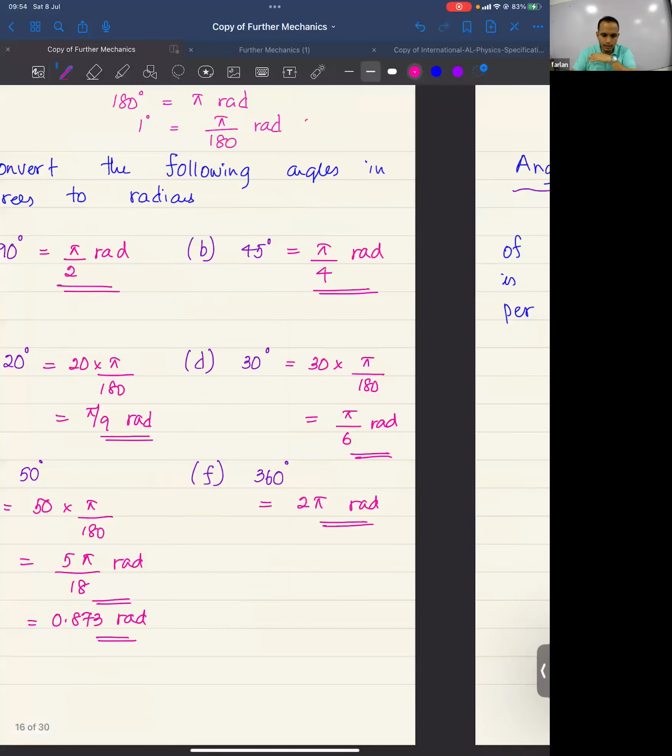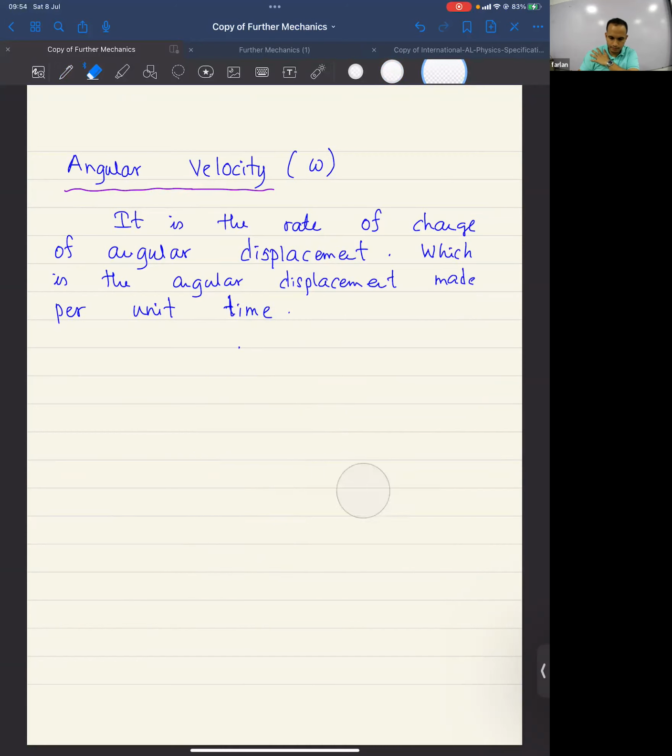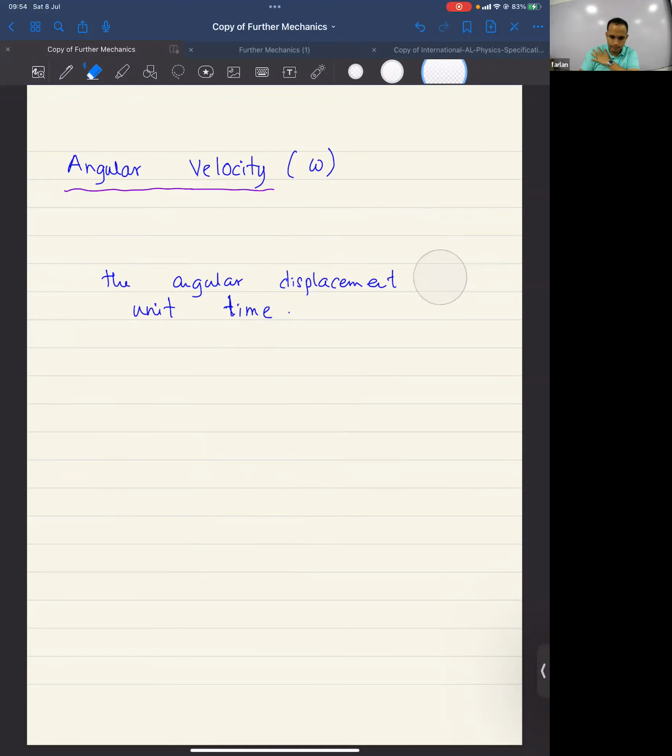Right. Write down the next subtopic: angular velocity.